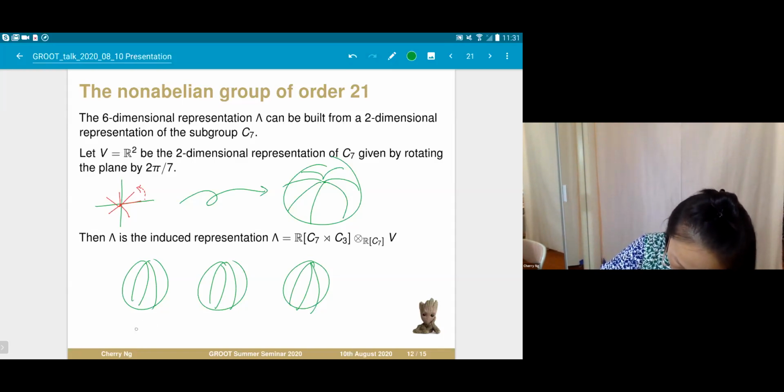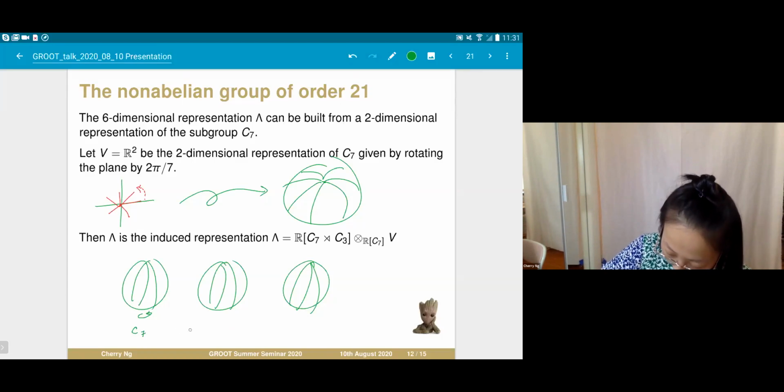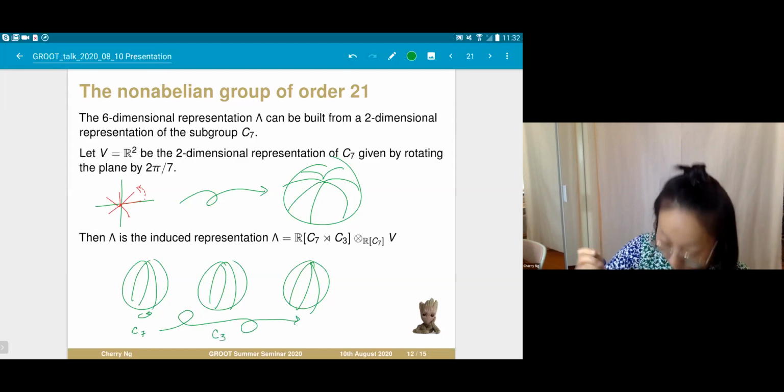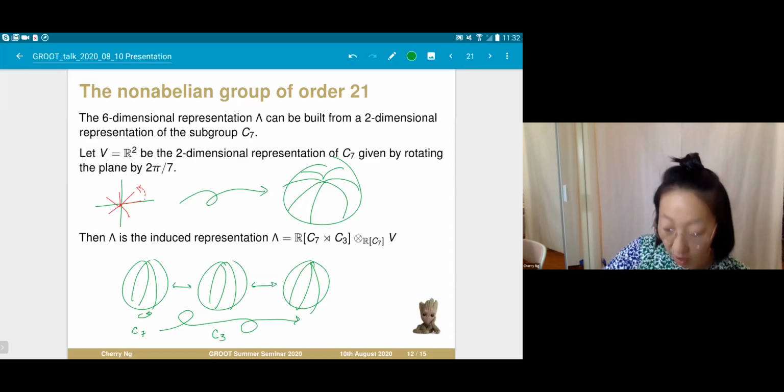So the action of C7 is to rotate this, and same on all the other spheres. The action of C7 is to rotate those spheres, and then the action of C3 is to shuffle the spheres amongst each other. And so there's some back and forth between the spheres going on.